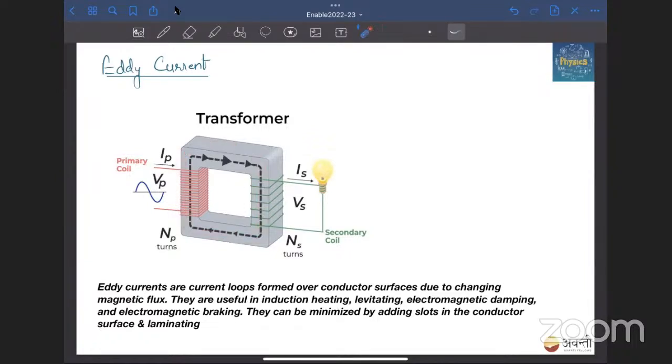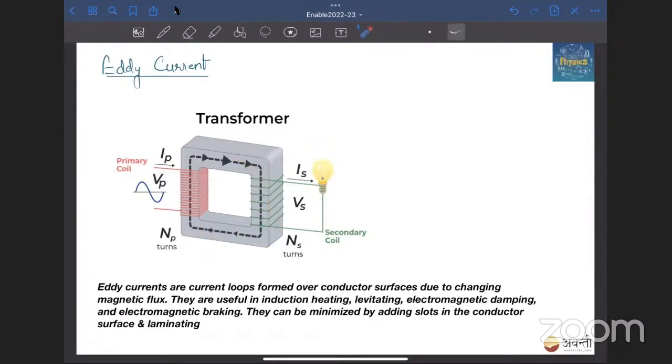Those are called eddy currents, right? So eddy currents are the current loops formed over conductor surfaces due to changing magnetic flux. Okay, what is the use of it? They are sometimes useful in induction heating, levitating, electromagnetic damping, and electromagnetic braking. These are the uses, but here in transformer, it will create heat losses.